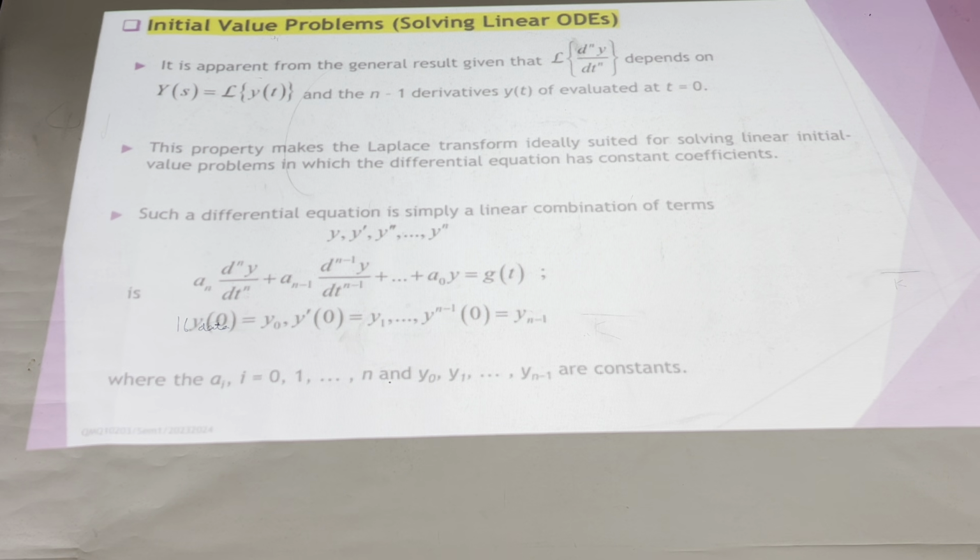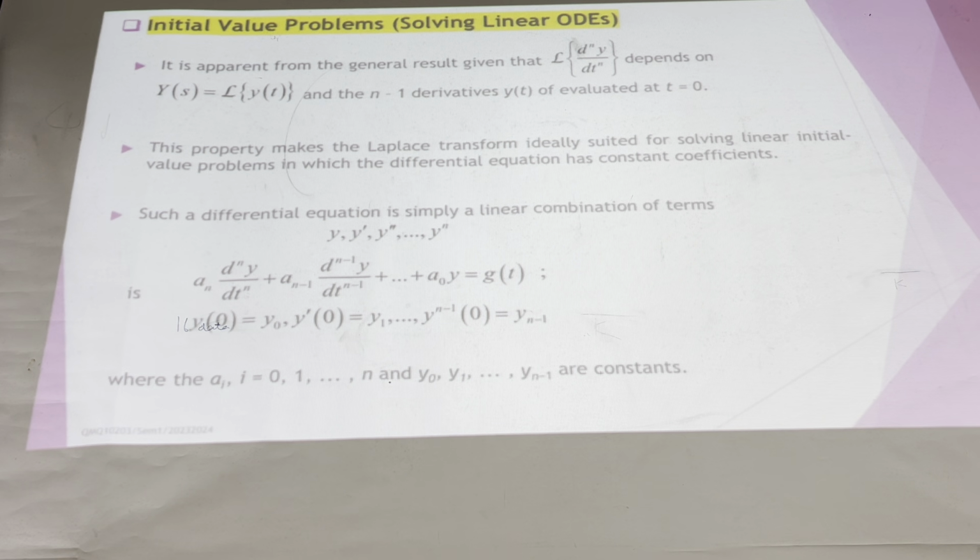The transformation of y in that equation: we have the y function, and when we transform y(t), we get Y(s). Y prime, which is the derivative of y, when we apply the Laplace transform, we get s multiply Y(s) minus y(0). Y(s) is the transformation of y(t).